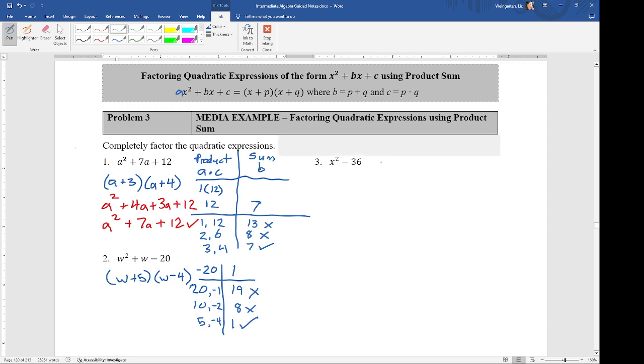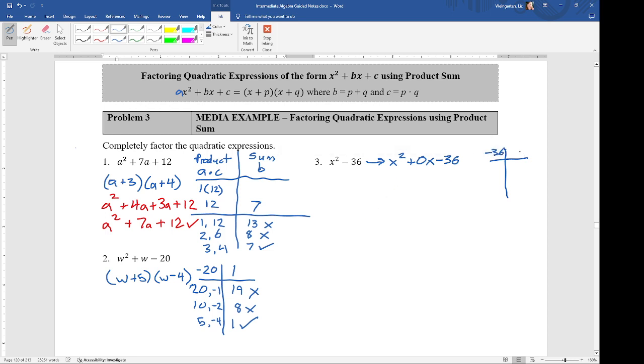This last example, I'm going to show you a shortcut on how to do this later in this lesson, but for now we're going to use product sum. We can rewrite this as x squared plus 0x minus 36. And now we have a b. Our product is going to be 1 times negative 36, or negative 36.